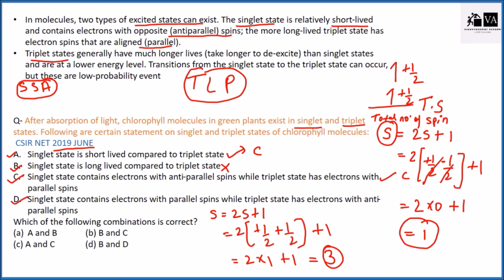Coming to option D, singlet state contains electrons with polar spin. This is wrong. Polar is found in triplet. So option A and option C are correct. Where can we find this combination?